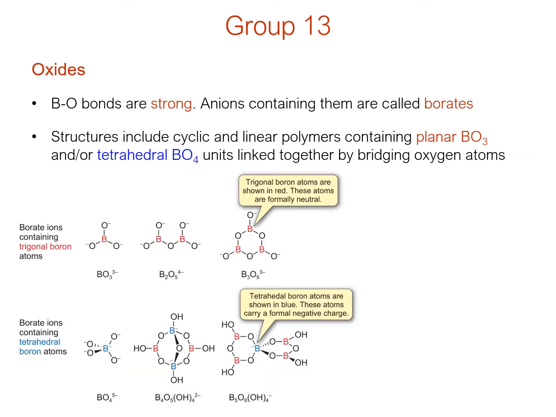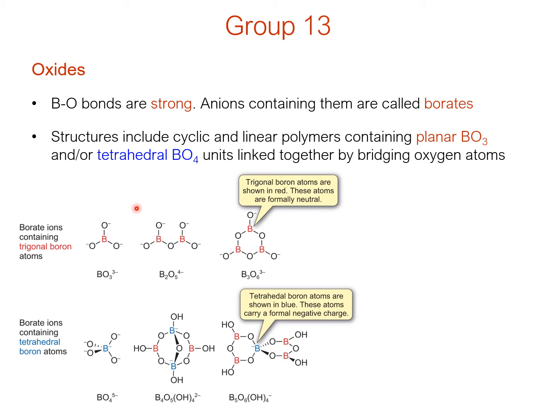So B-O bonds are strong, and they can form a wide variety of structures, and anions containing these B-O bonds are called borates. So as I said, they can be a wide variety of structures. There's 6 examples down here, and they can include cyclic and linear polymers, and they contain a mix of planar and tetrahedral BO3 and BO4 units respectively, and these are linked together by bridging oxygen atoms.